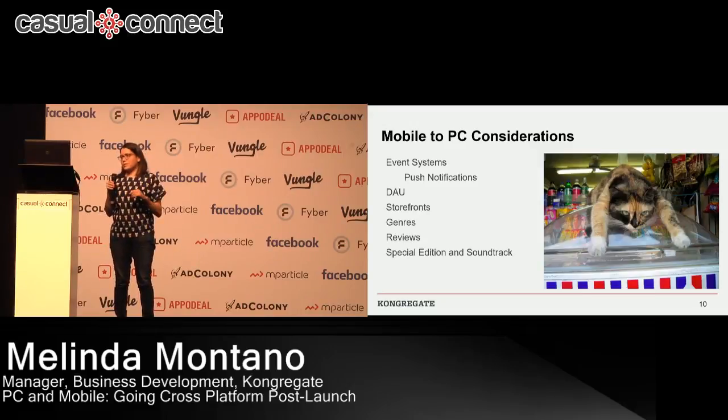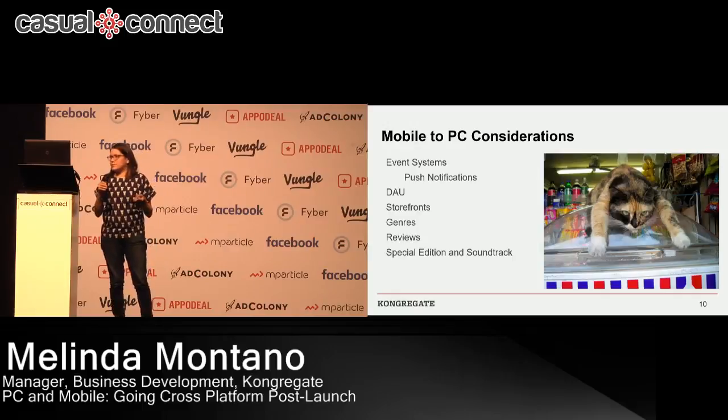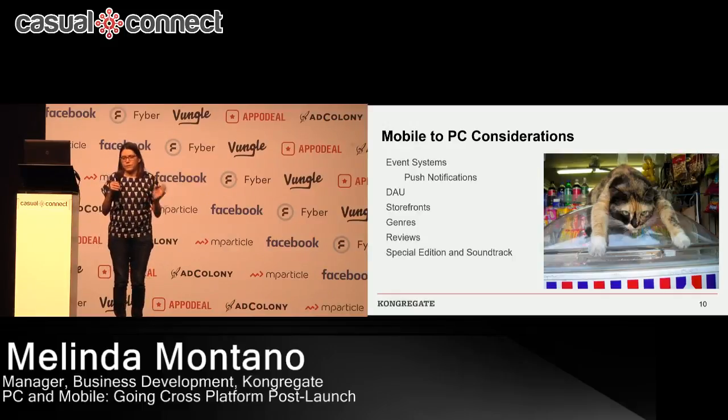Other things, just really quickly, these are the considerations. If you had event systems on your mobile game, there is no real push notification system in Steam. There's a couple workarounds. If you manually get somebody to add your game to their watch list, you can actually do a sort of pop-up notification.